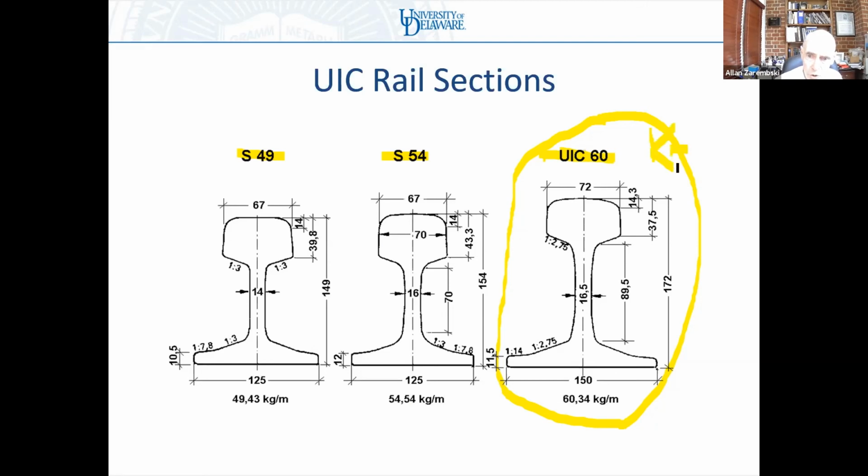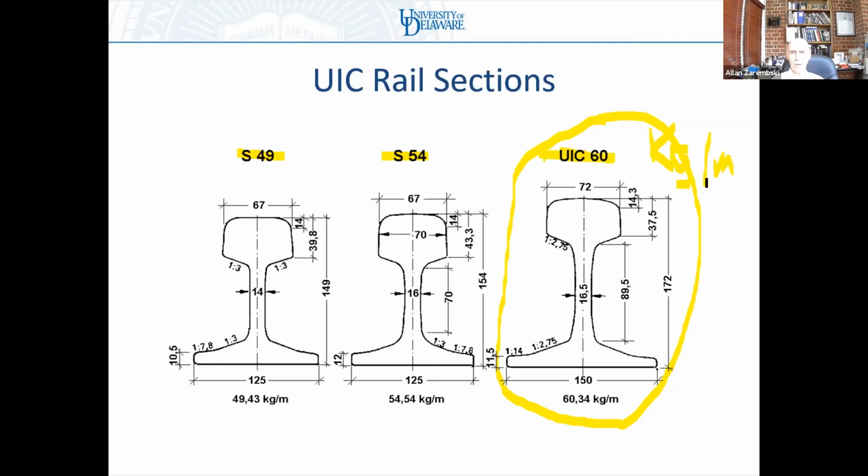So the weight of this rail section is 60 kilograms per meter. A meter of rail weighs about 60 kilograms. A kilometer of rail weighs 60,000 kilograms or 60 tons.